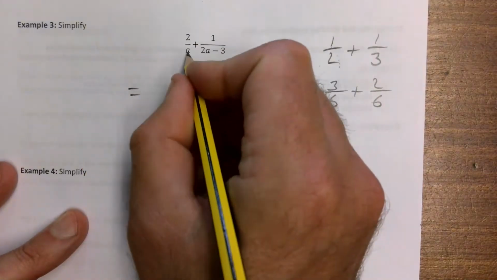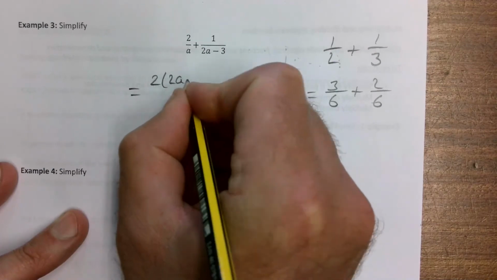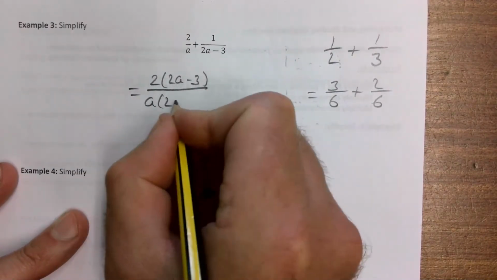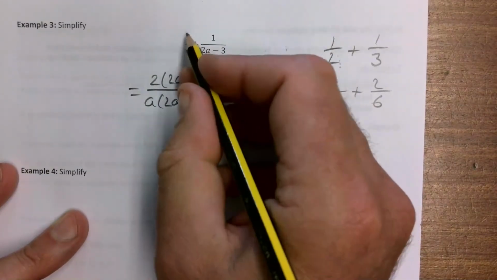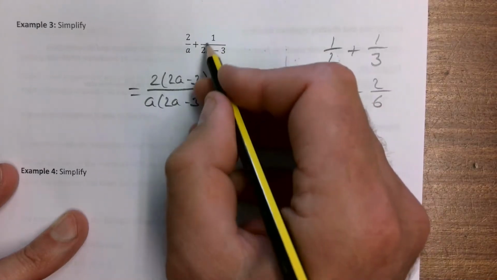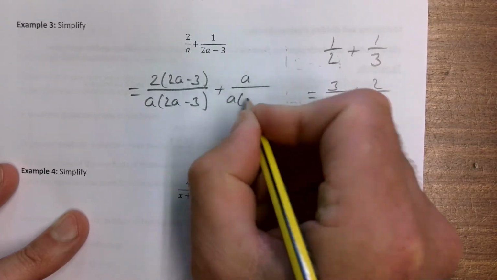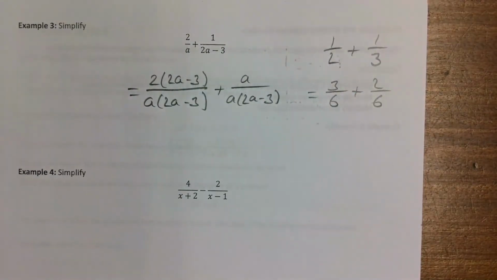I'm multiplying top and bottom of this one by the 2a minus 3. So it's 2 upon 2a minus 3 all over a upon 2a minus 3. So that's just the same as the first fraction. They're the same thing, but I've had to multiply top and bottom then by this. This one here I multiply top and bottom by a, and we end up then with that.